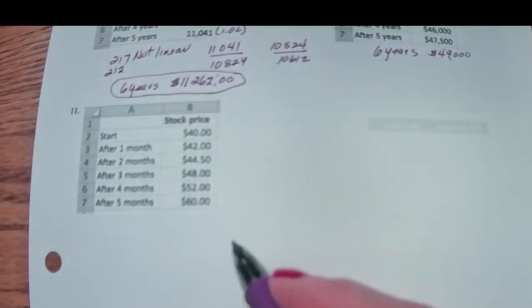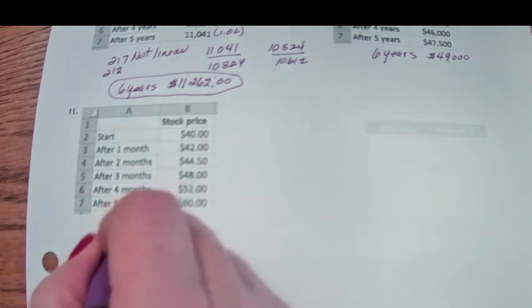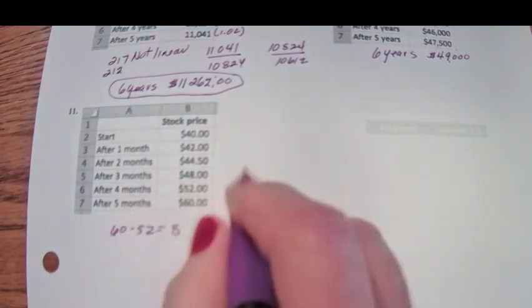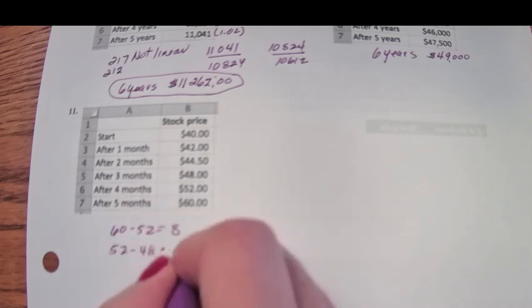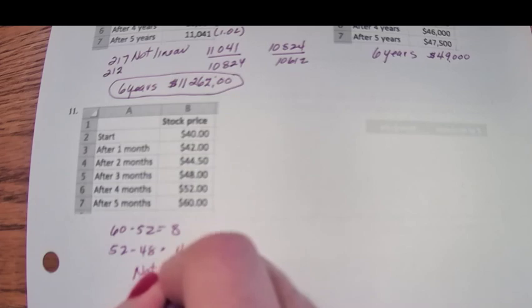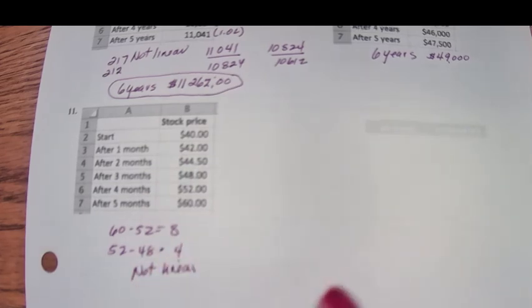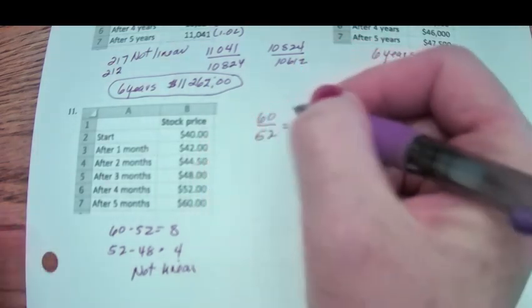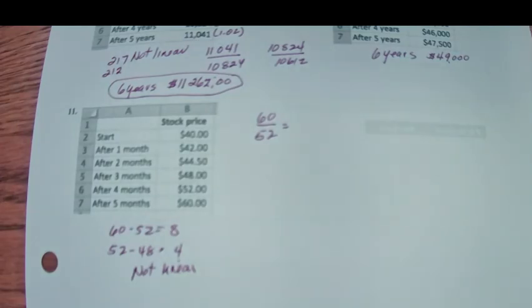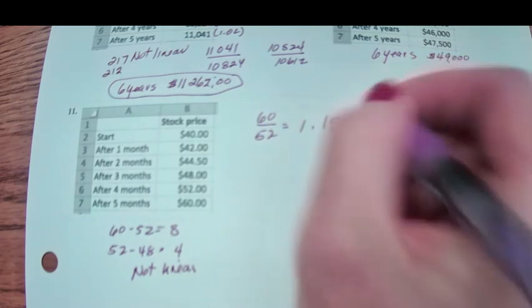And for number 11, the difference between 60 and 52 was 8. The difference between 52 and 48 is 4. It is not linear. And so now, what is 60 divided by 52? 1.153.